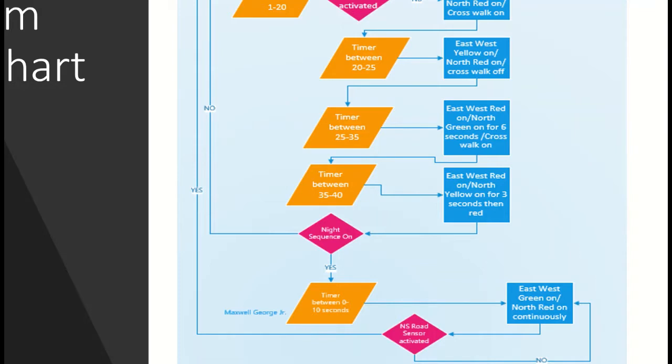If you look at the second decision box, that's where we added our nighttime routine, which goes from 10 p.m. to 6 a.m. With this one, since the east-west lane is the busier lane, that light stays green pretty much the whole night.